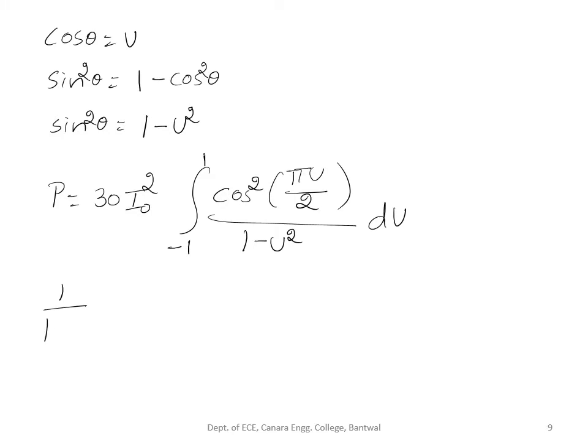And 1 by 1 minus u square is equal to half of 1 divided by 1 minus u plus 1 divided by 1 plus u.